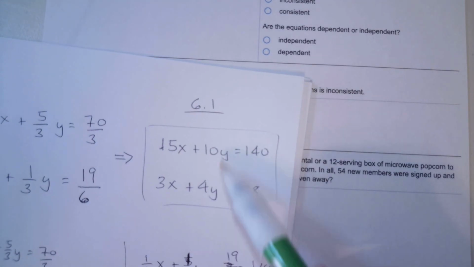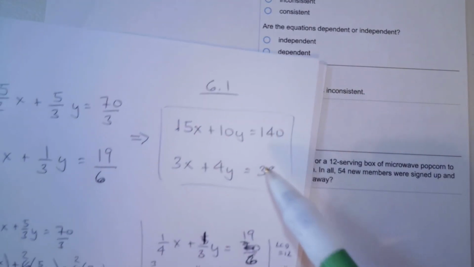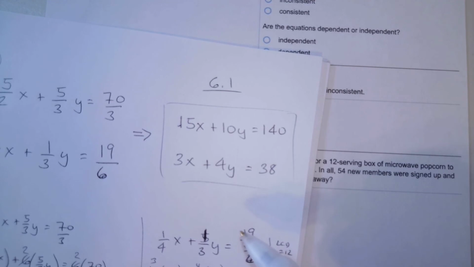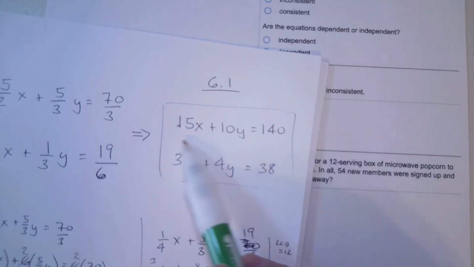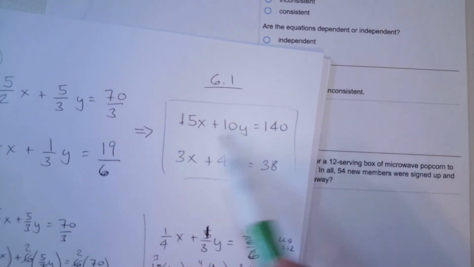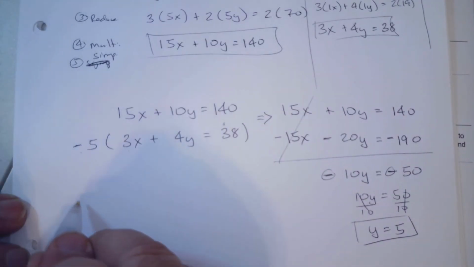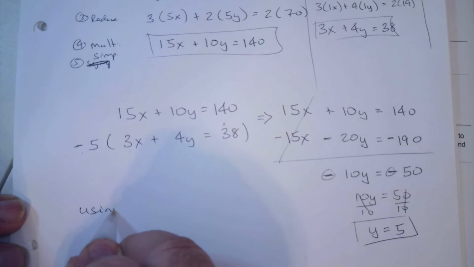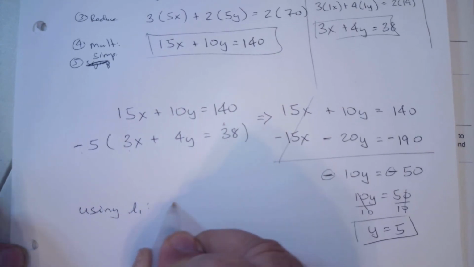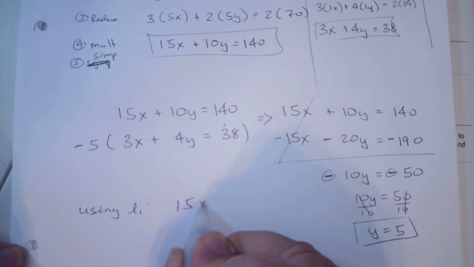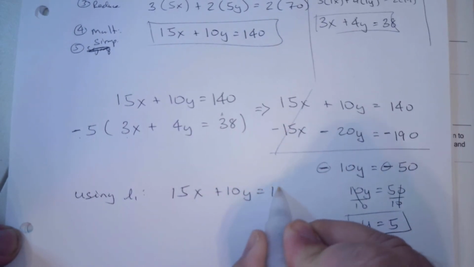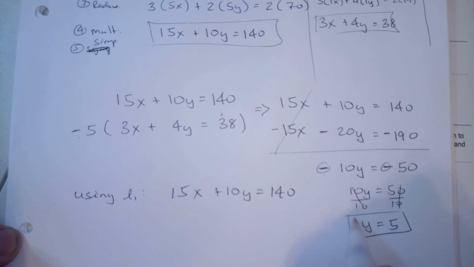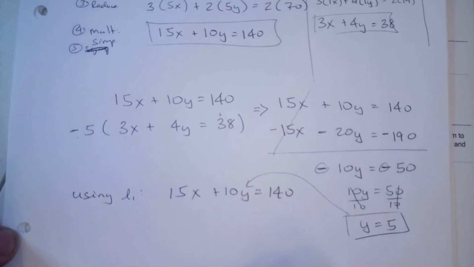You're not supposed to, but it's easier than those. I will use the top one because it's got a bunch of straightforward numbers. So I'm using line 1: 15x plus 10y equals 140, and I'm saying that y is 5.